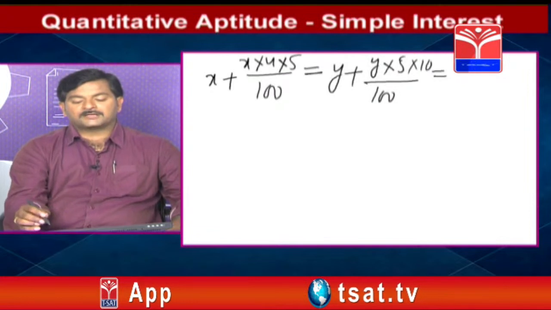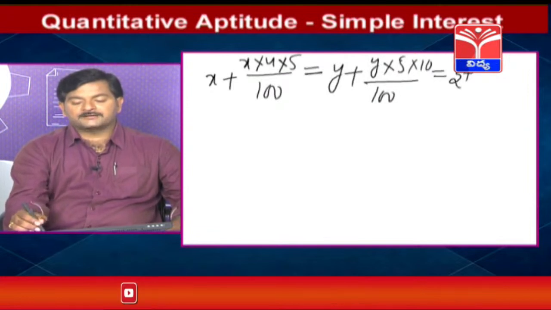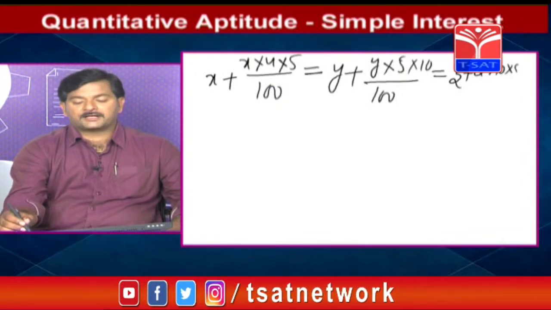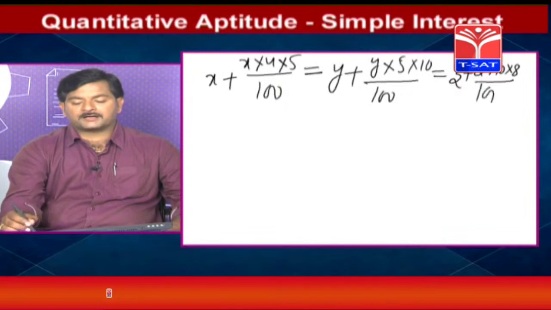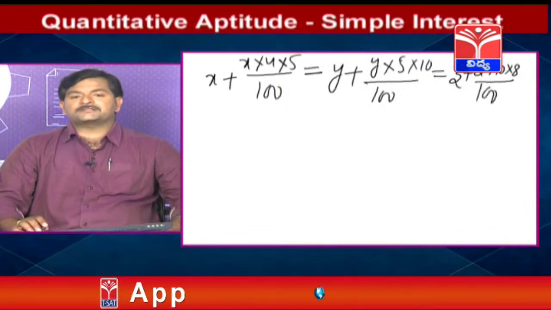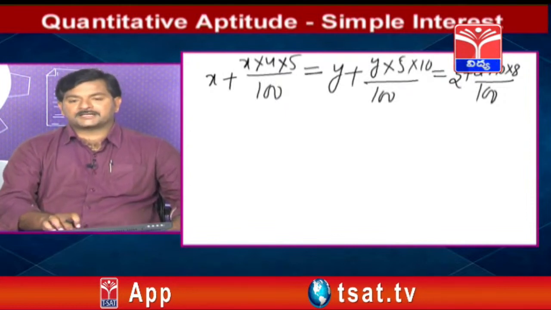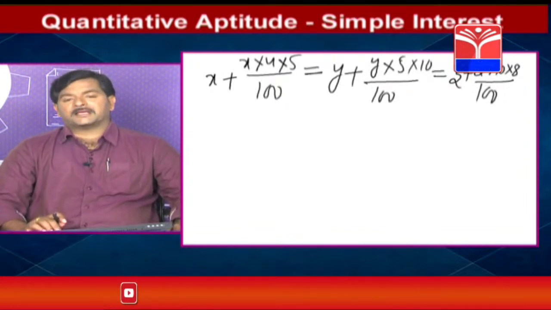This is the amount. Third case, let's say the amount is Z, Z plus Z into T, R, we know all the values, 10 into 8 by 100. Since the amounts are equal, the first case amount, second case amount, and third case amount are equal.